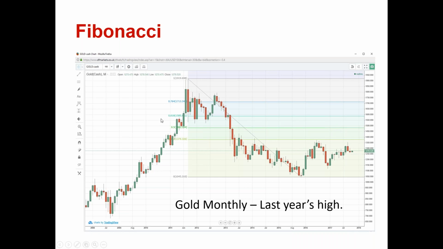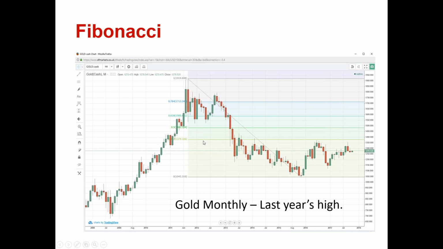And if we can clear that level, then we can look for a move back to the highs. So there's a bigger picture analysis of gold using Fibonacci. Okay, 1380 is resistance. It's been proved to be resistance because it's the 38.2% retracement of that sell-off. If we were to get above there, then our targets are 1585, and if we can get above 1585, the next target would be the highs back north of 1900 again.